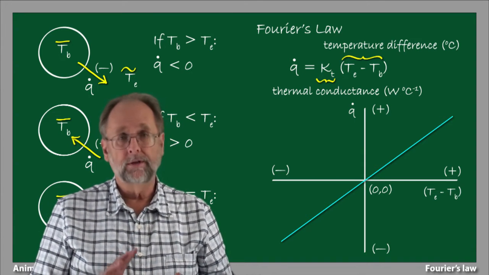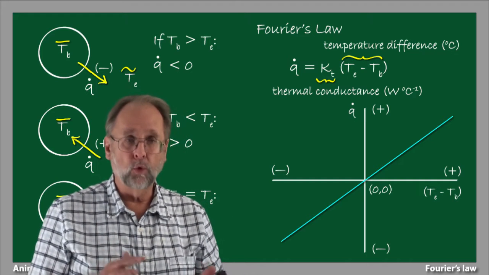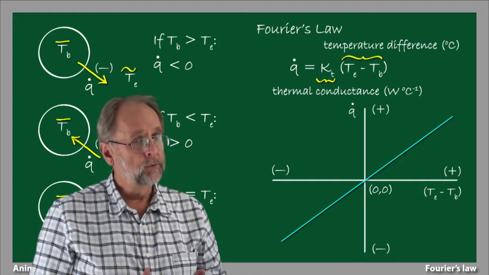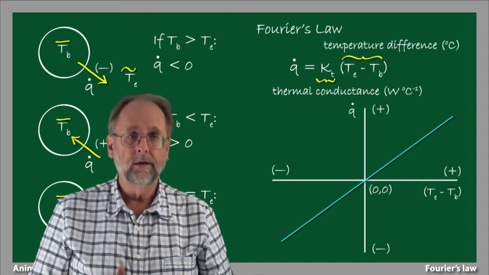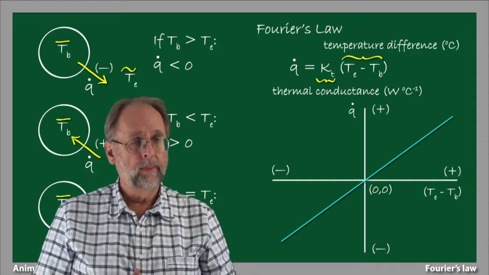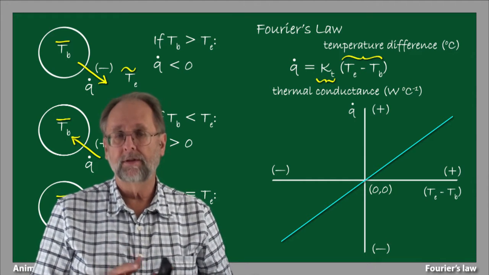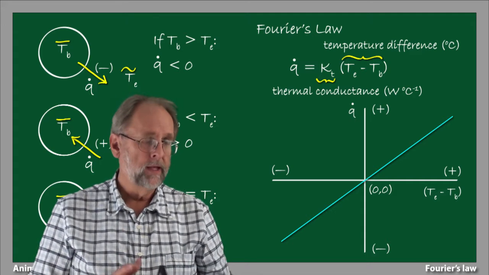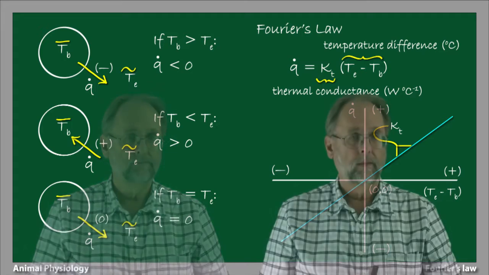In conditions where the temperature difference is positive, that is, where the environment is warmer than the body, heat flux will likewise be positive, that is, it will flow into the body from the environment. This graphical representation of Fourier's law gives us a very important quantity. The slope of this curve is the thermal conductance.